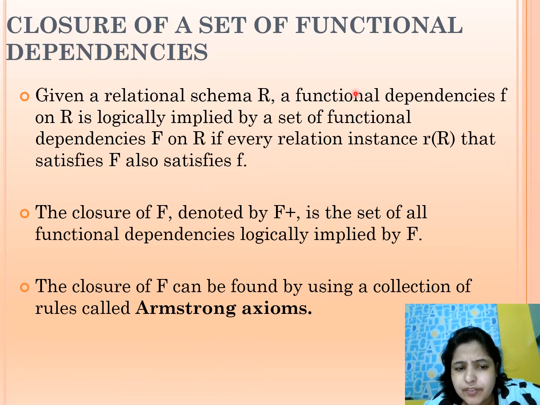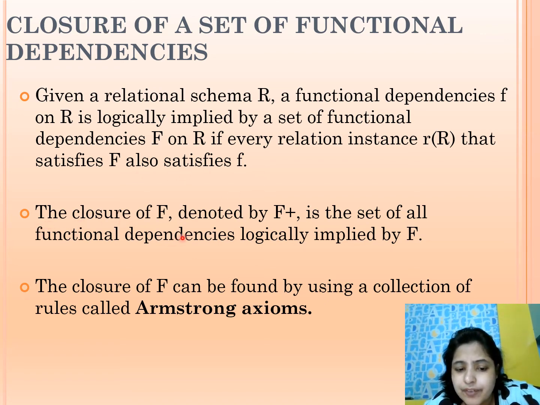Closure of a set of functional dependencies. Given a relation schema R, a functional dependency f on R is logically implied by a set of functional dependencies F on R if every relation instance R that satisfies F also satisfies small f, right?